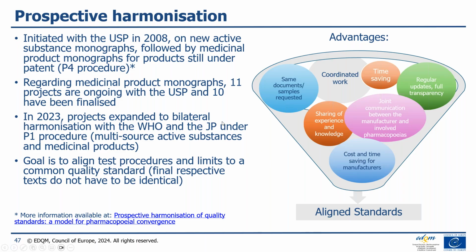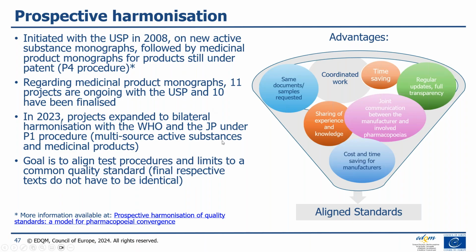This prospective and unofficial harmonization was initiated with the US Pharmacopoeia in 2008 on new active substances, so those elaborated on the P4 procedure, and this was then extended also to medicinal product monographs, also for products still under patent. When it comes to numbers, so far we have harmonized 10 monographs with the USP, and 11 projects are still ongoing.